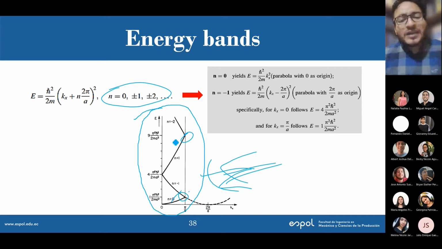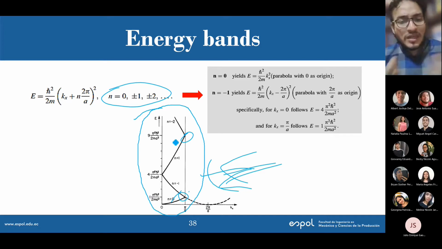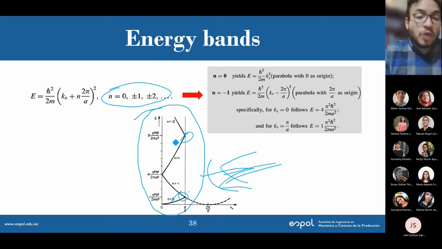What do these graphs actually mean? This E versus K that I've drawn, or well, I've shown you a lot of these E versus K graphs, they're just relating the energy of an electron, because E is energy, remember, to the wave vector. What's the wave vector? It's the momentum, okay? Or it's related to the momentum of the electron.